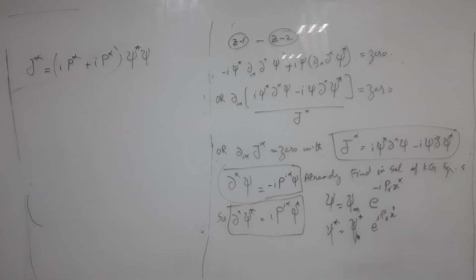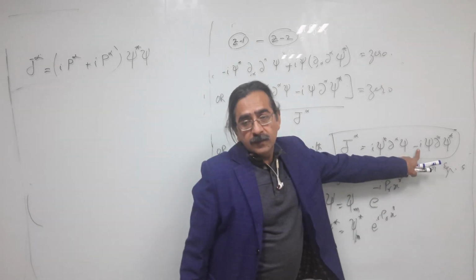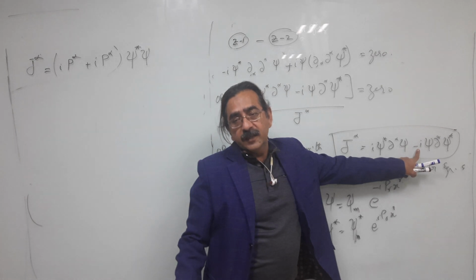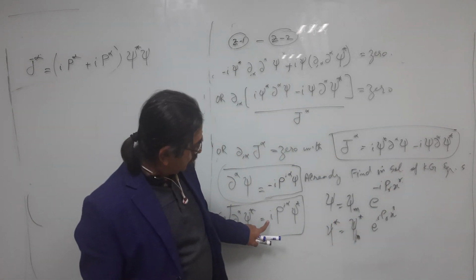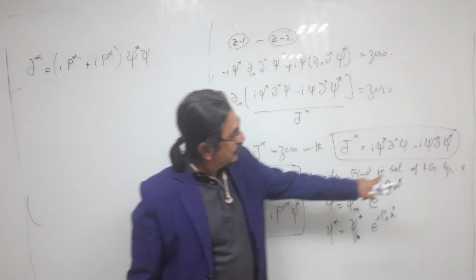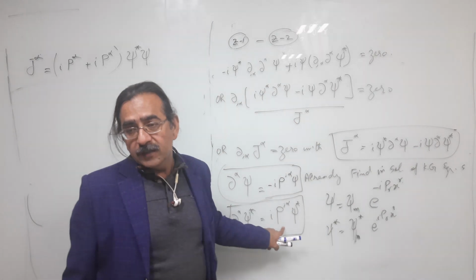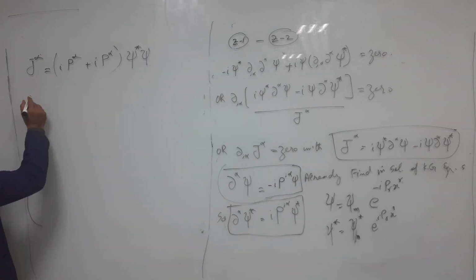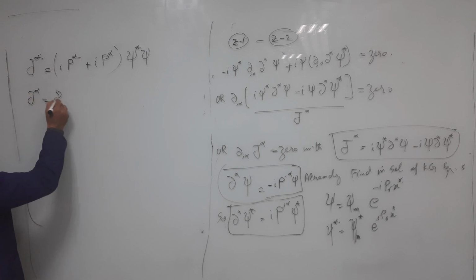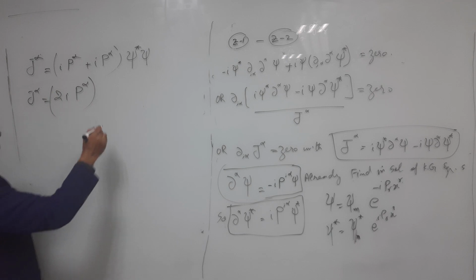Why will minus come? Minus iota square equal to minus 1. Here this is a plus, and here this is star. So iota square equal to minus 1, and minus 1 is plus. Both will be plus. So this J alpha will be equal to 2 iota P alpha. What is psi bar psi?